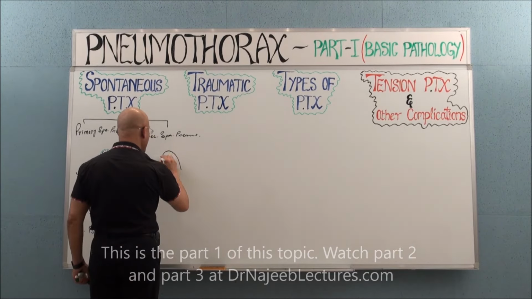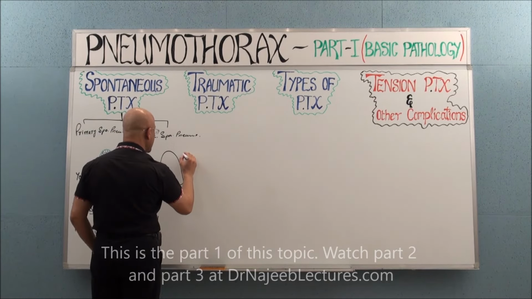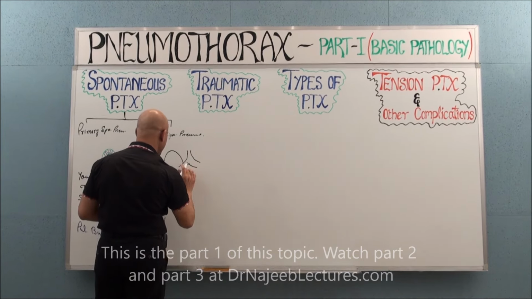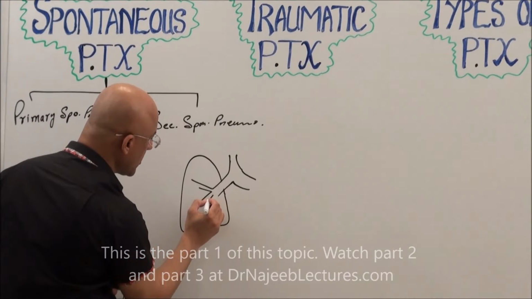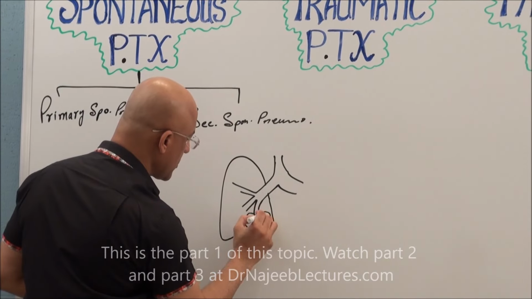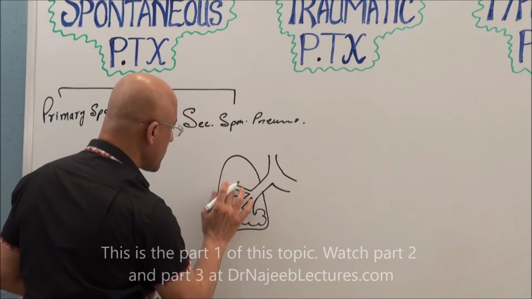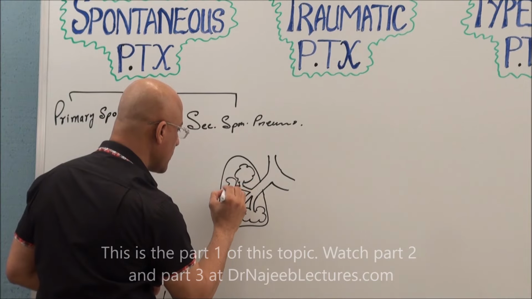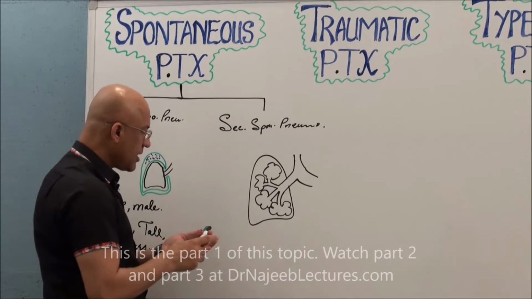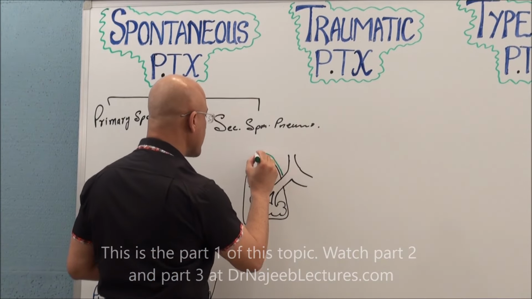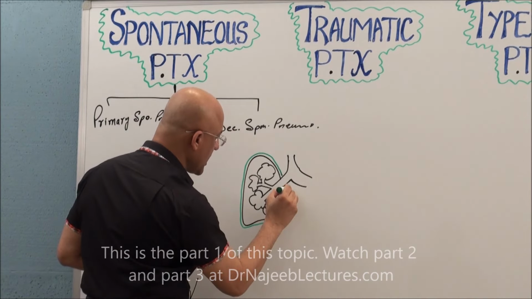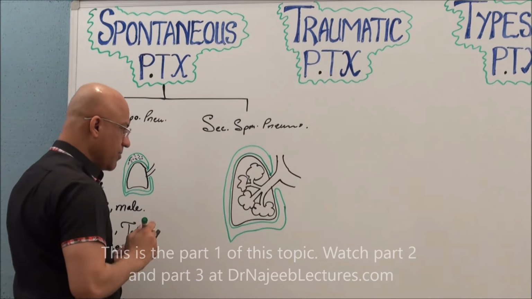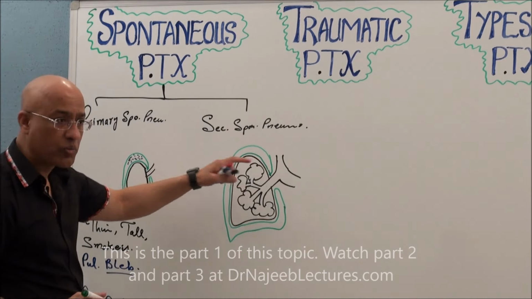Let's suppose here is your beautiful lung, and here are your air space, it's a simplified diagram, and here is your visceral pleura, and here is the mediastinal pleura on this side, diaphragmatic pleura, and other part of the pleura, which is parietal pleura. This is the outer pleura.